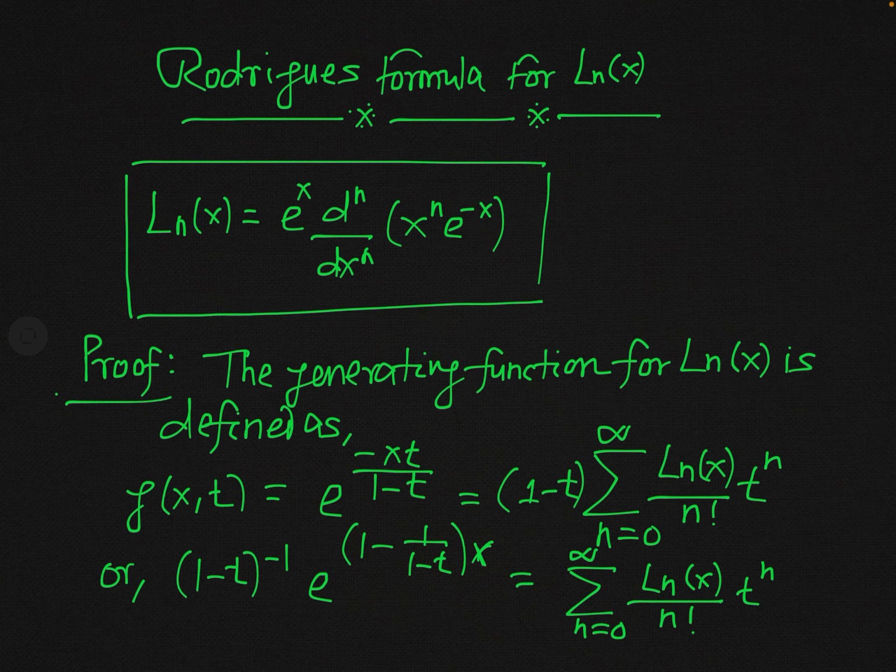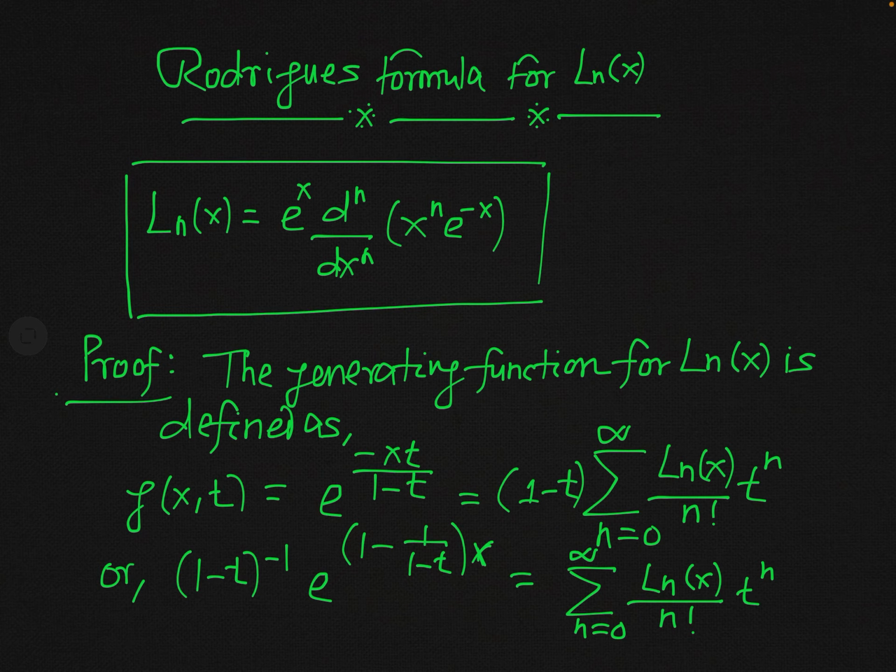It means you have to differentiate the function x^n e^(-x) n times, and then you should multiply it by e^x. Then you will get Ln of x. Actually, this formula is known as Rodrigues formula for Ln of x.